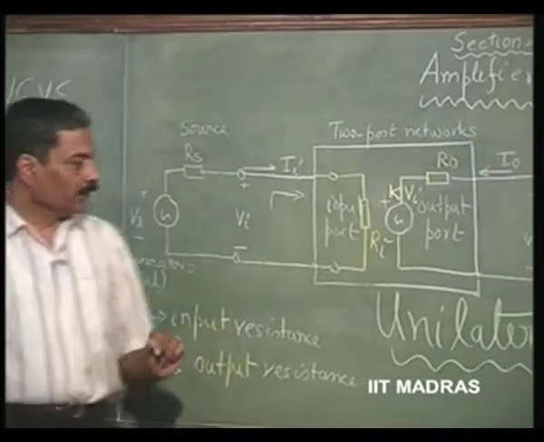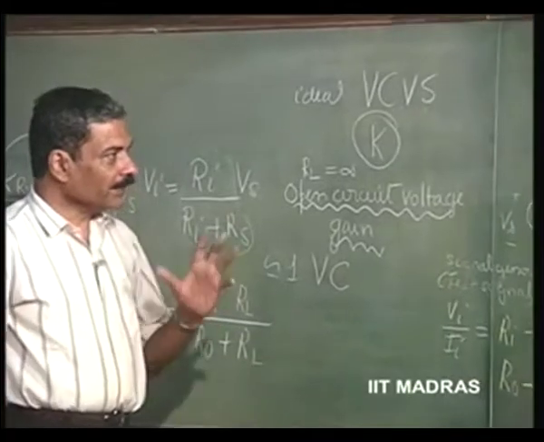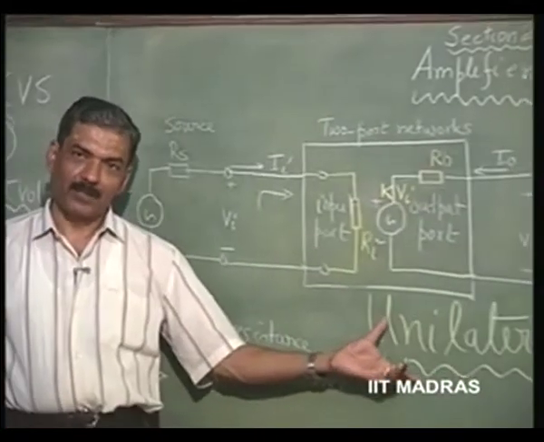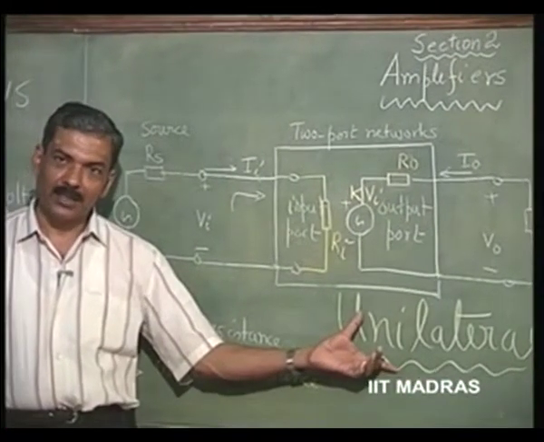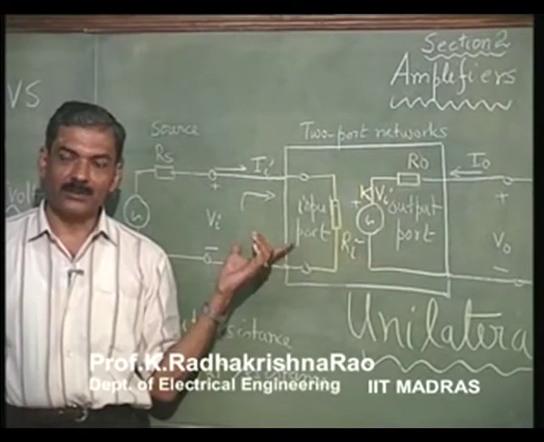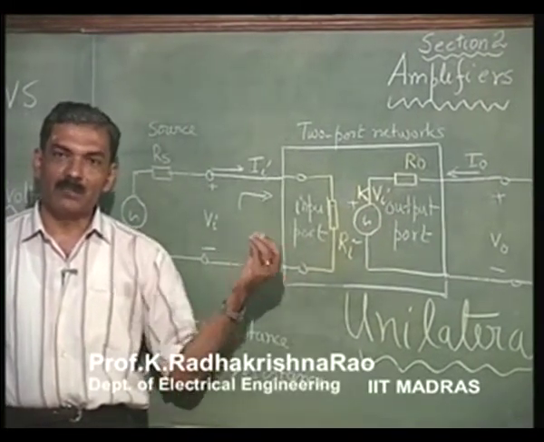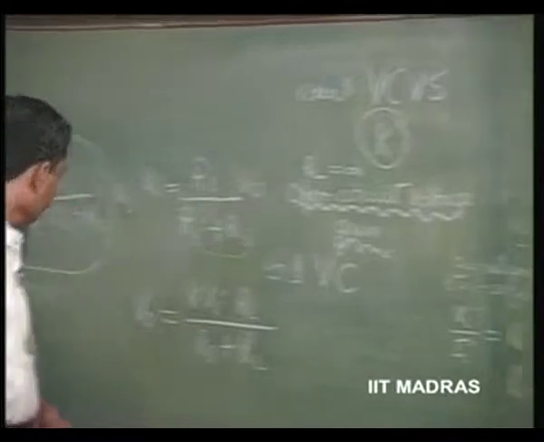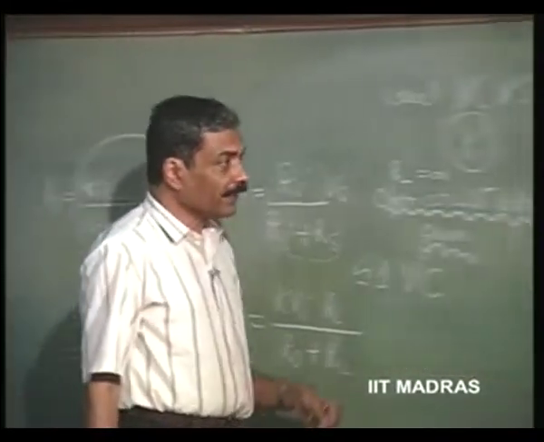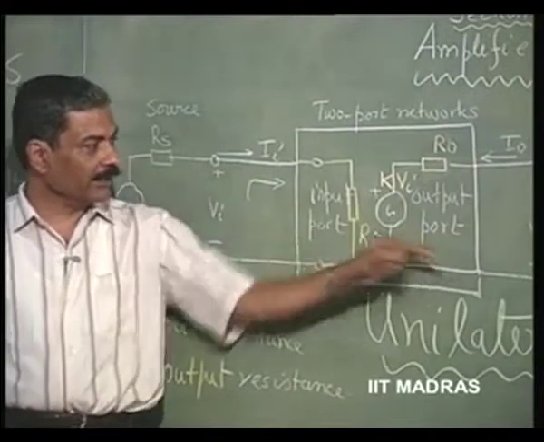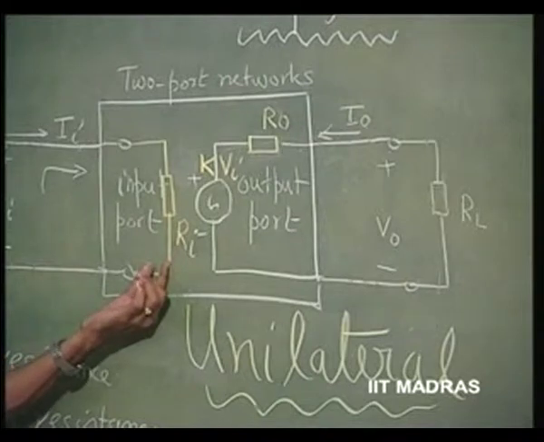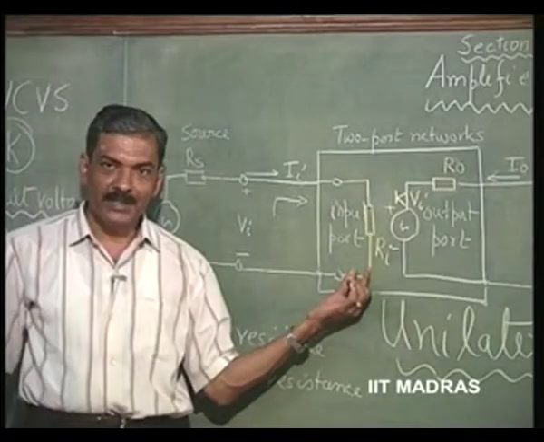So, most of the amplifiers that we are going to discuss can be considered approximately unilateral. There is very little transmission that is going to occur, and if it occurs, it is to a very small extent, which can be neglected. Now, if there is some effect from this side to this side, obviously this V naught or I naught has to be represented as a source here, and that is called feedback.